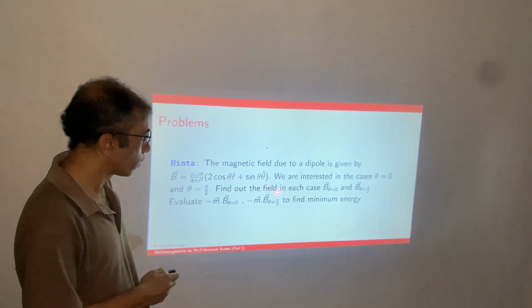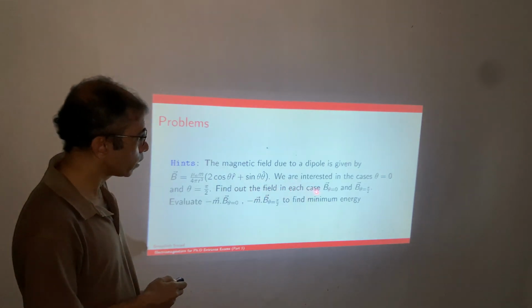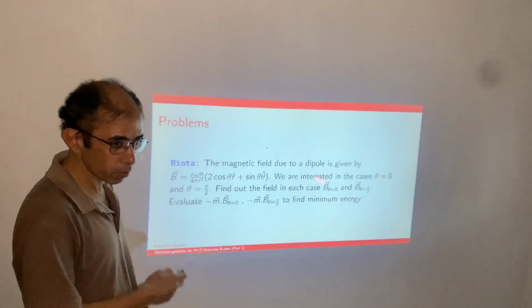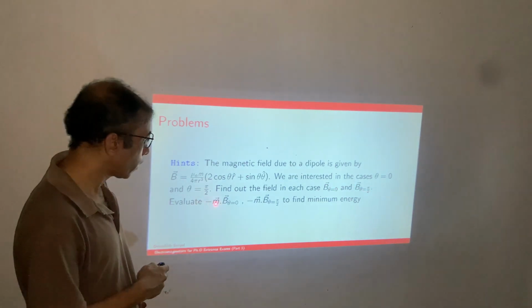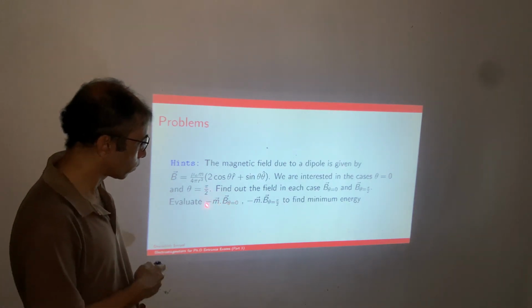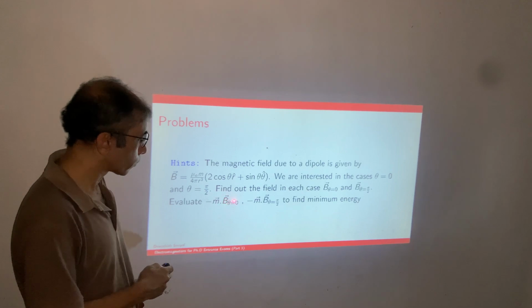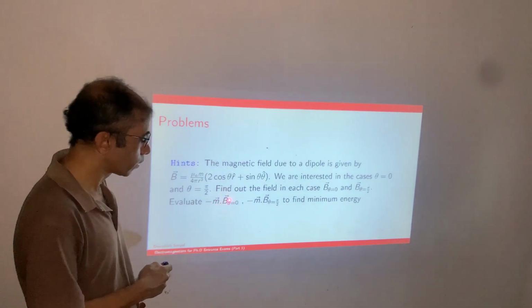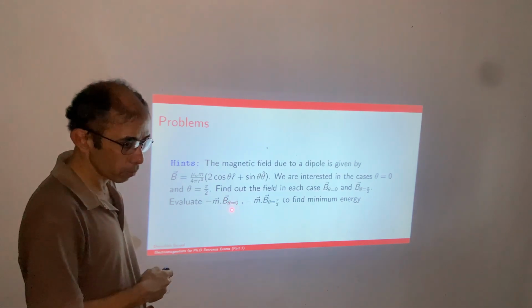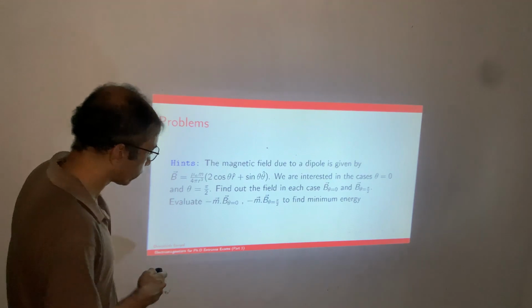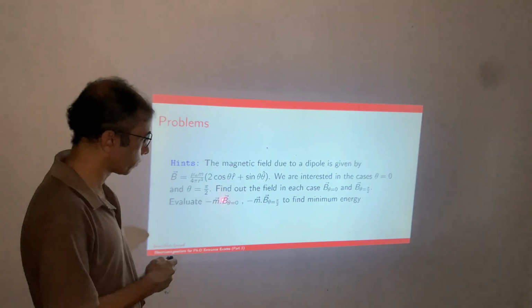So find out the field in each case, when theta is equal to 0 and theta is equal to pi by 2, that we have found out. Now evaluate m dot B for theta is equal to 0. So if the dipole is oriented in the direction of theta is equal to 0, when the field is for theta is equal to 0, then what is the energy?